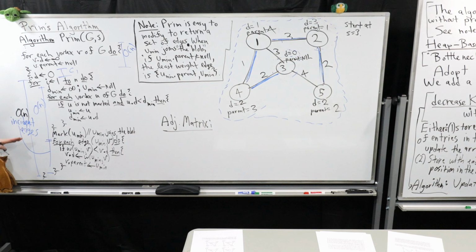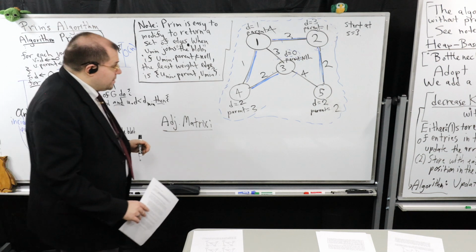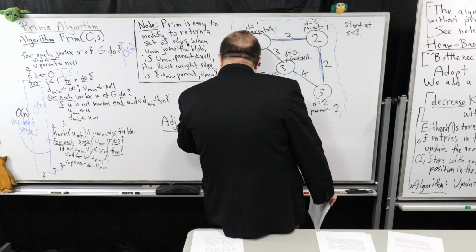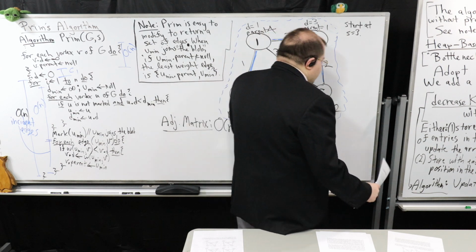So if you compare this, you're going to have big O of n plus big O of n, where all of it gets multiplied by an additional n. So you end up with big O of n plus some constant plus big O of n squared. At the end of this process, you're going to end up with big O of n squared for an adjacency matrix.